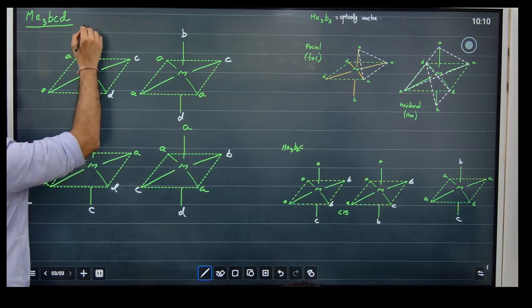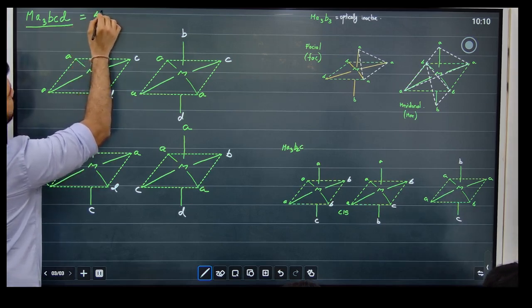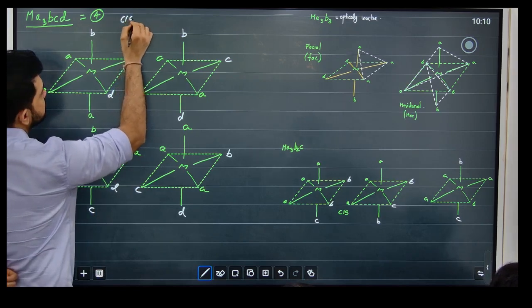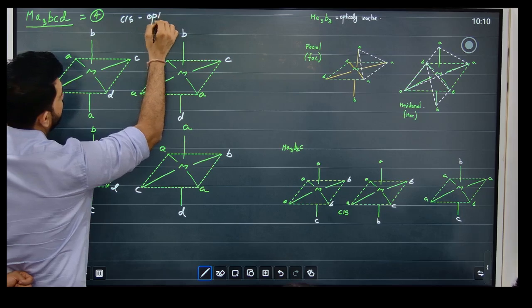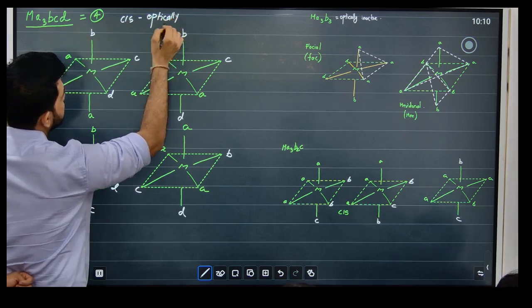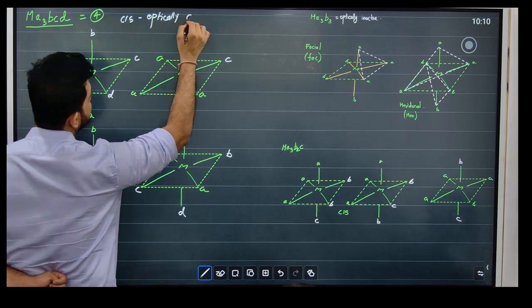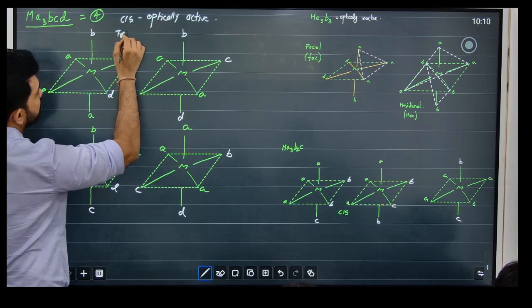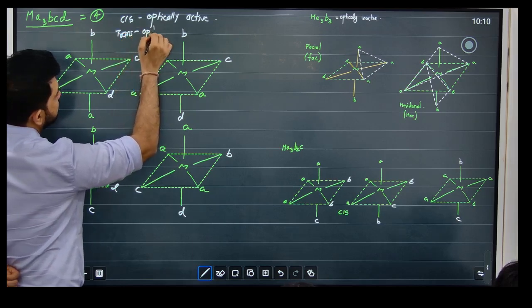Total number of isomers that we have here is 4, and over here the cis isomer is optically active and trans isomers are optically inactive.